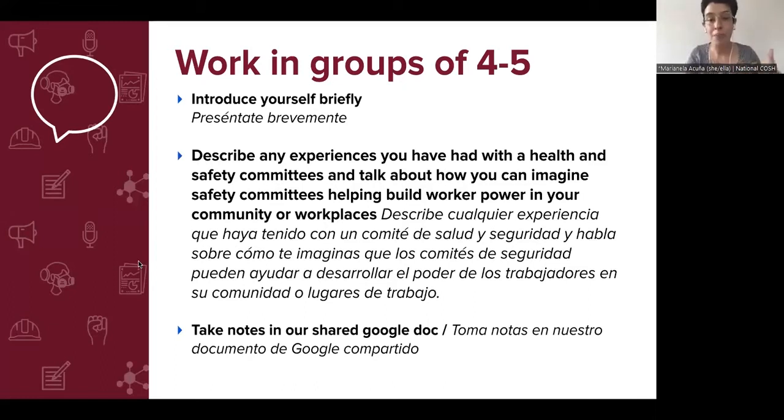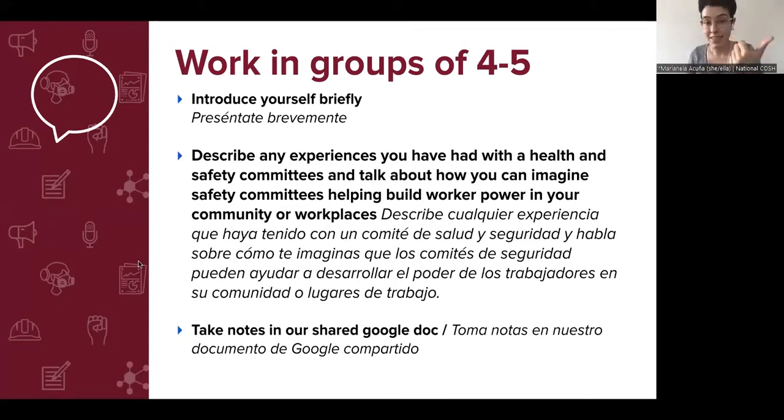You're going to talk about an experience that you have had, what you have learned from that, or some experience that you want to have, like how would you like to imagine leadership and power and how to create the committee for safety and security for workers.